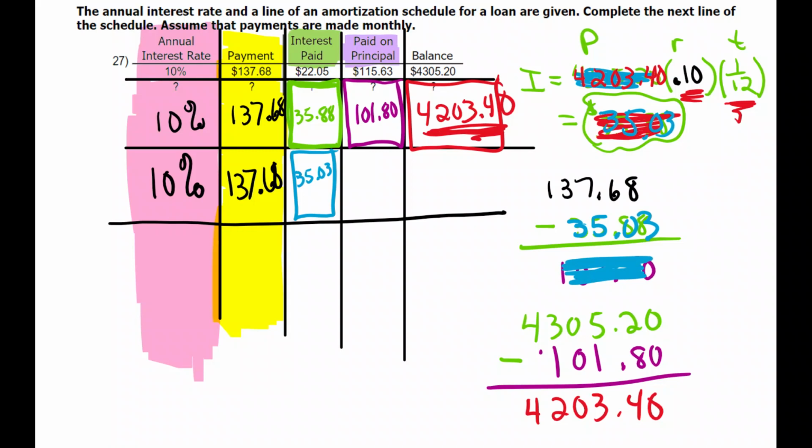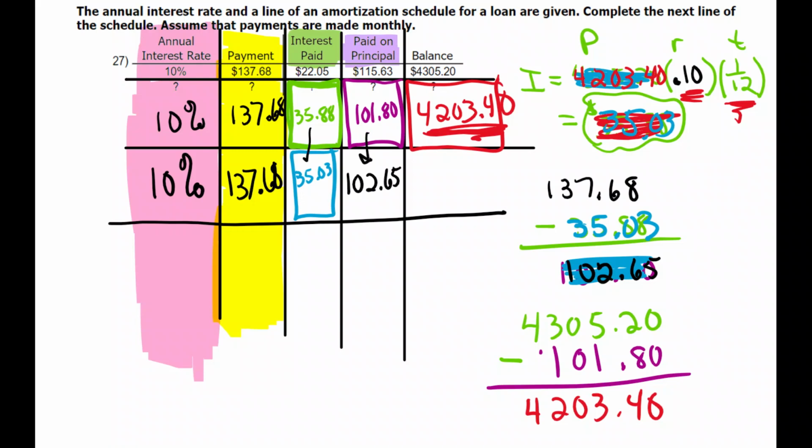It won't be this number when I subtract from 137.68, that's my payment, the 35.03, which you're going to keep from me. I'm going to get 102.65, and that goes here.